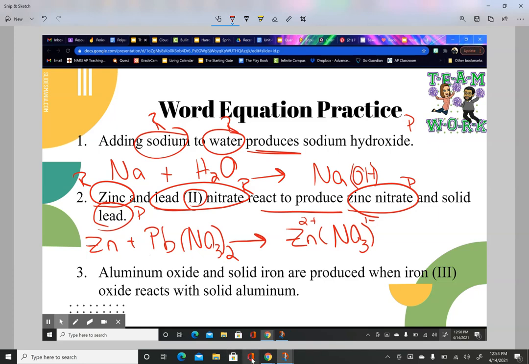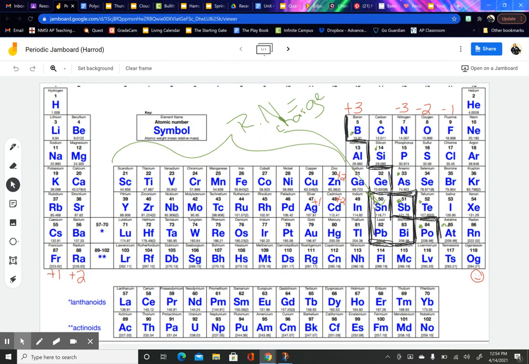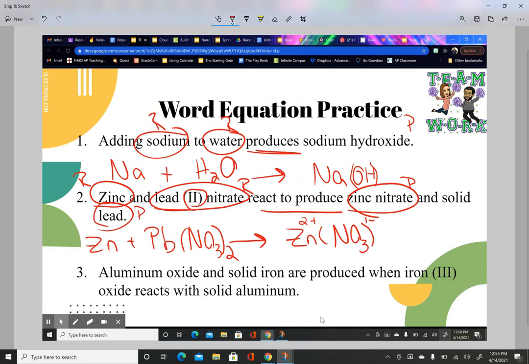When you go to the periodic table that's in the Jamboard, then you can see that it's already listed right here with zinc as a +2. So I am going to crisscross the charges, and I will get Zn with a 1, but I don't put 1s, and then NO3 with a 2. All right, and then next door, because I have 2 products, will be solid lead. And if you want, you could go ahead and stick an S on there and make it all solid.